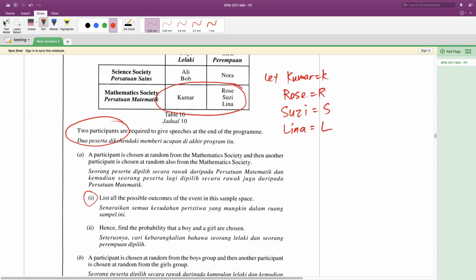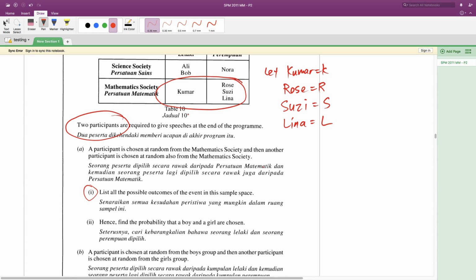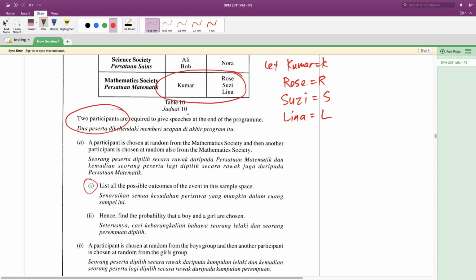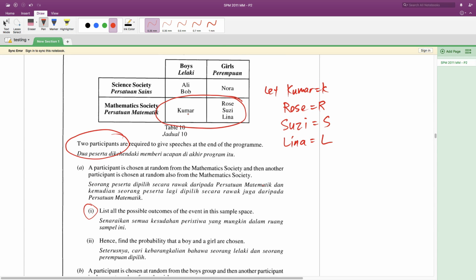Does the question say one must be a boy and one must be a girl? No, right? If the question doesn't say that, then you have to write out all the possibilities. So I will write sample space in full.